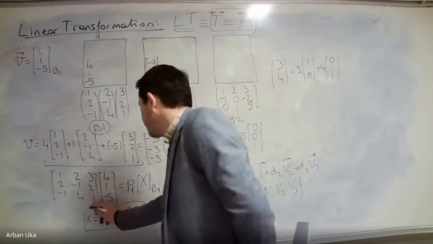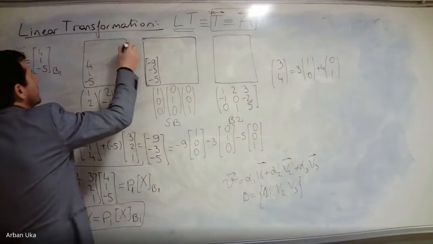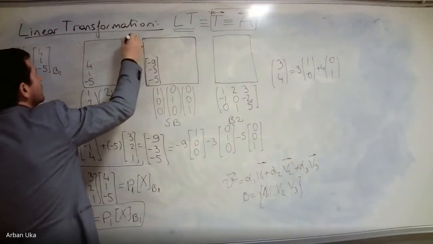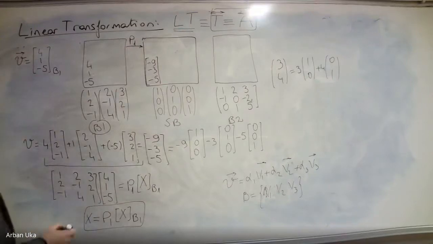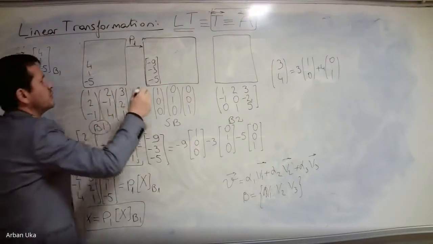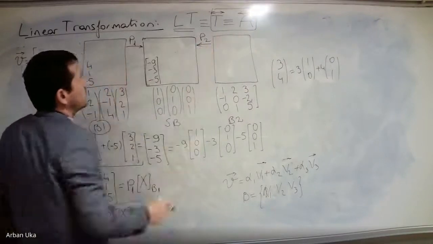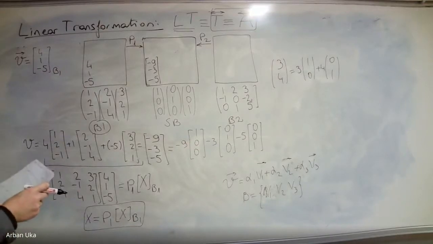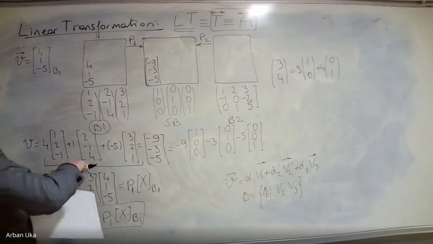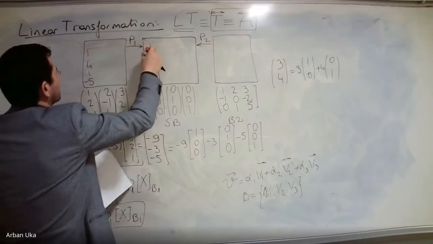We got it. Which means that from here, we can move to the right using P1. Now, there is no difference between P1 and P2, so similarly, we can also move this way with P2. Let's assume for a moment, it looks like these two vectors are connected like this.